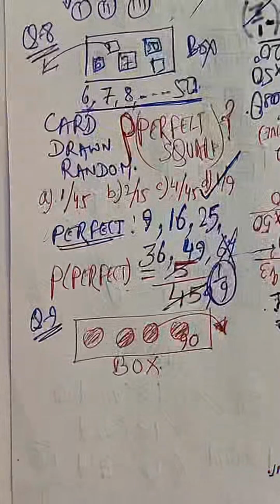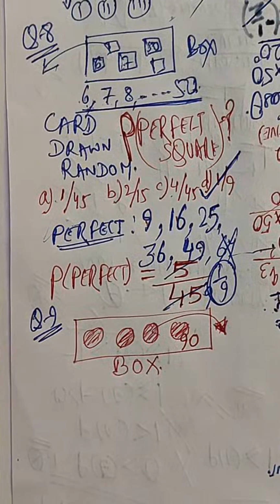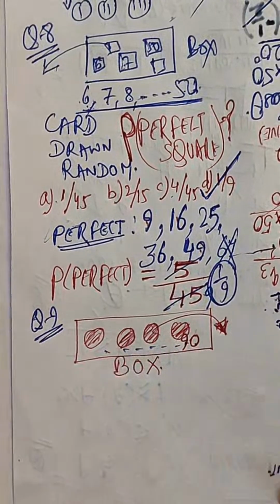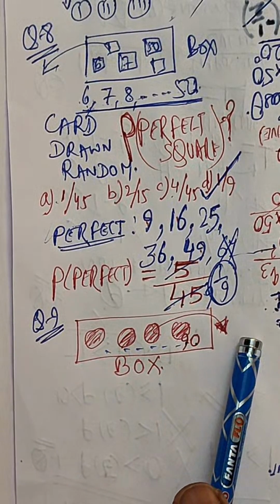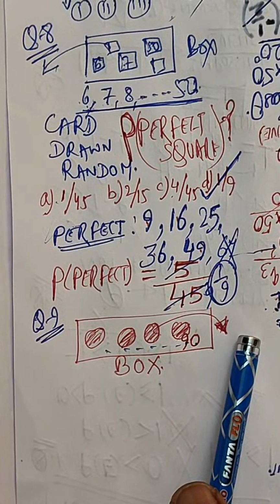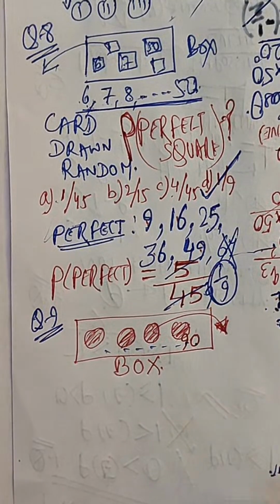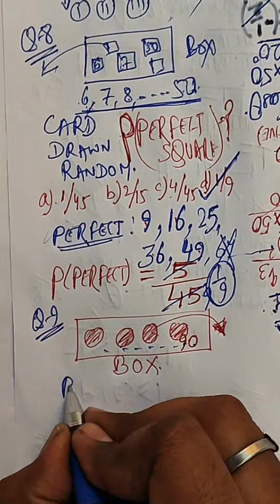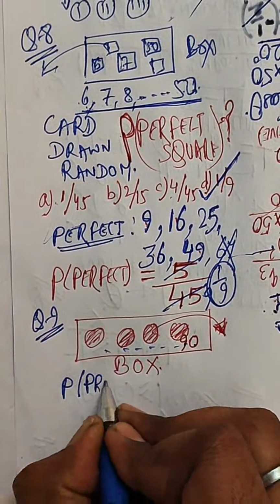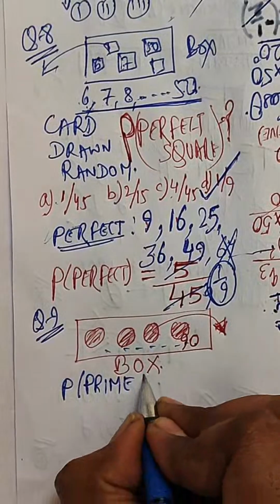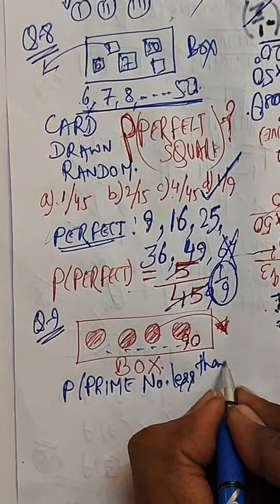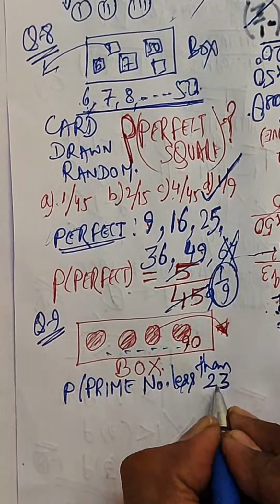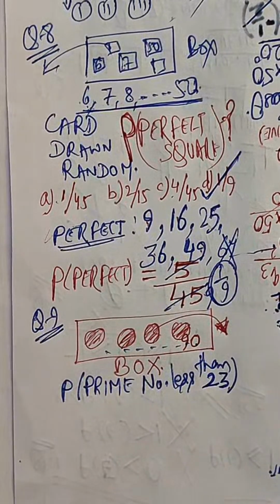Okay, so it's numbered till 90, right? If one disc is drawn at random from the box, the probability that it bears a prime number less than 23, probability of a prime number less than 23, this is the question to us.